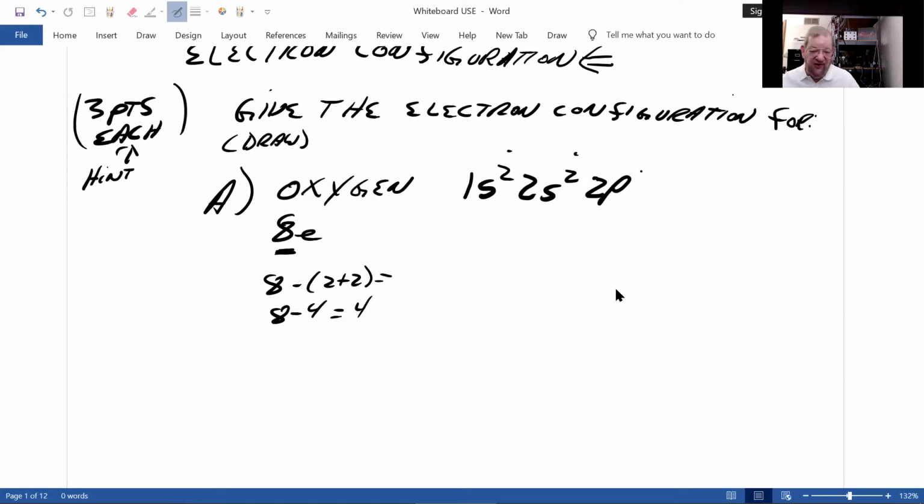I can put up to 6 here, but I only need to put 4, and I'm done. The electron configuration for oxygen is 1s2, 2s2, and 2p4. And I've accounted for all my 8 electrons.